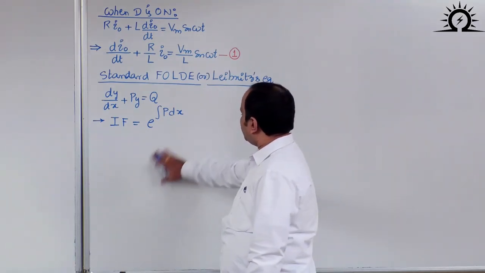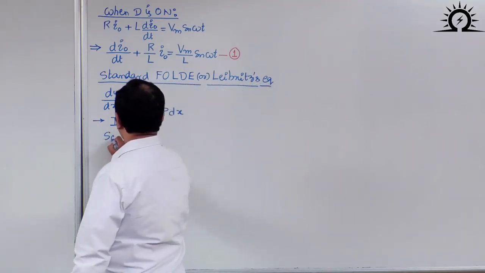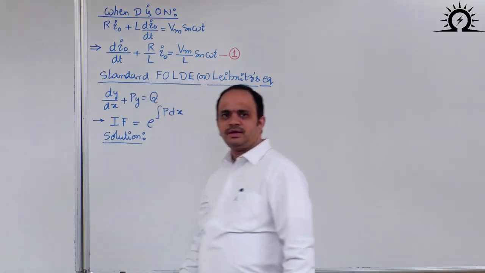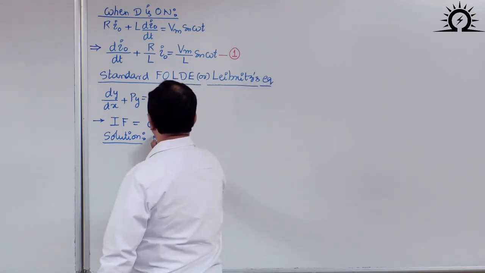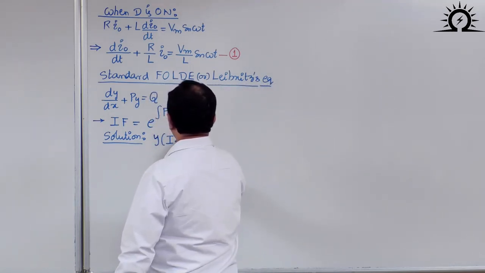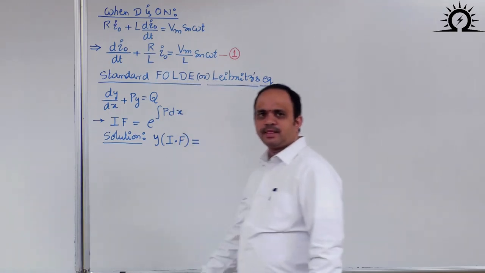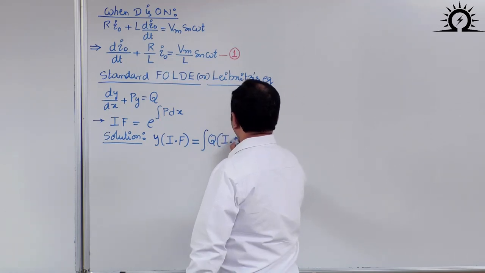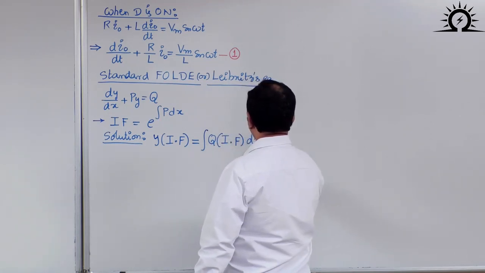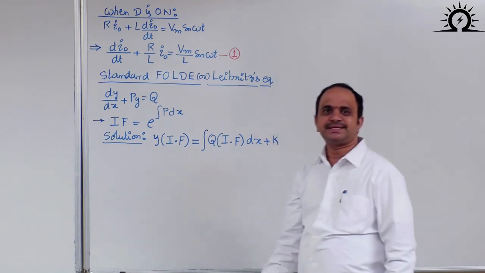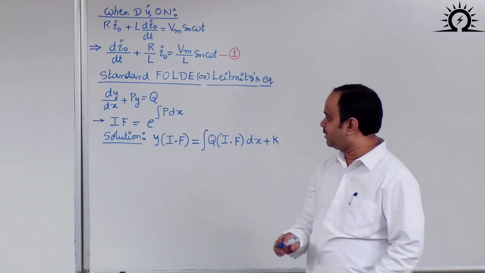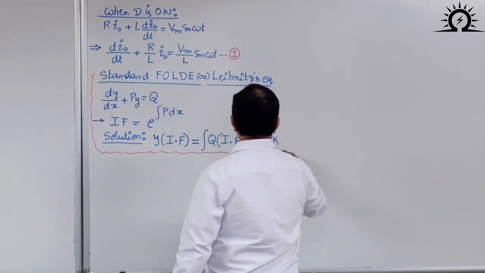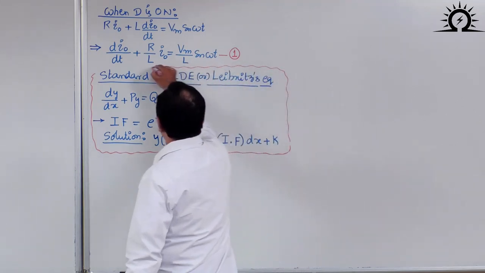After that, we can write down the solution as y multiplied with the integrating factor is equal to integral q multiplied with the integrating factor, integration with respect to x, plus k. Now this particular result is from the mathematics point of view.